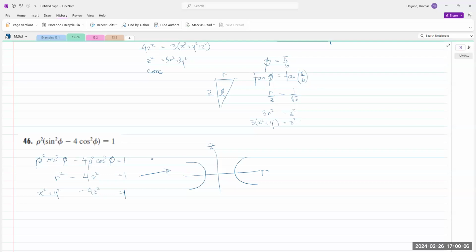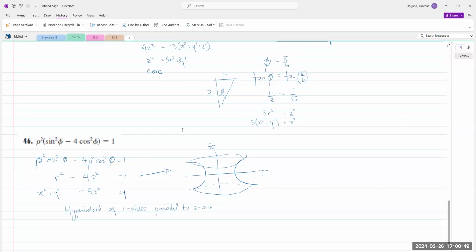Then we rotate with respect to the z-axis, so it is actually a hyperboloid of one sheet with the z-axis. I think instead of simply saying parallel to the z-axis, maybe we say with the z-axis right away.